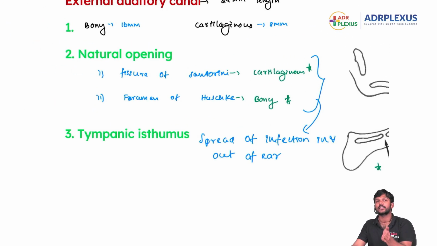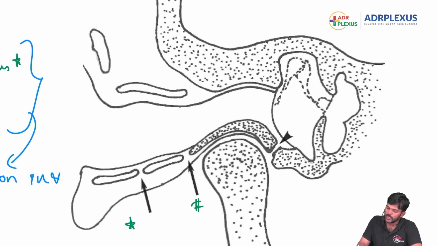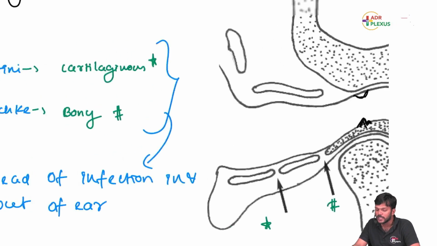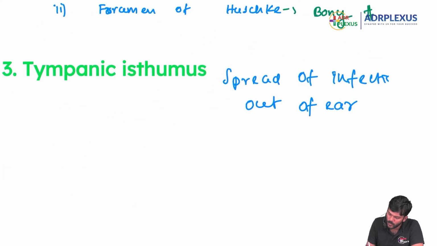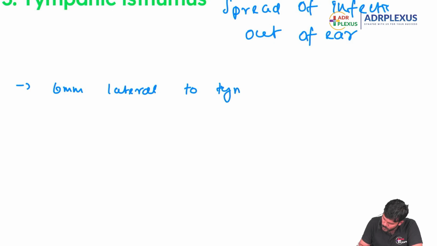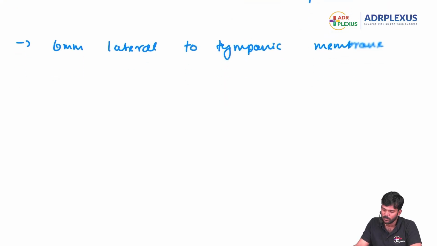We have an anatomical area called the tympanic isthmus. See here, this is the tympanic isthmus which I am talking about. It is a little constricted area over the bony part of the external canal. 6 millimeter lateral to the tympanic membrane, we will see the tympanic isthmus.